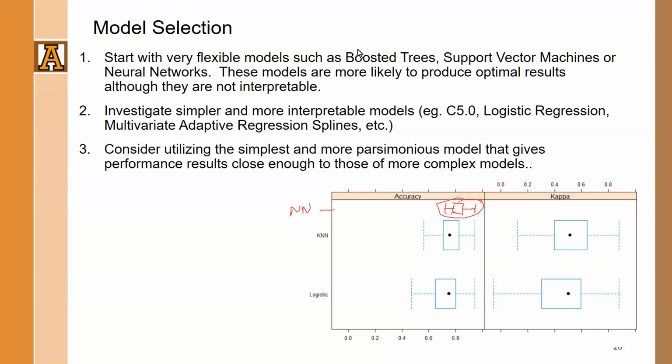It's more robust to different training samples. So this type of chart will be very useful when we evaluate and compare different models, because it helps us determine which is the best model to use in a given situation, okay?